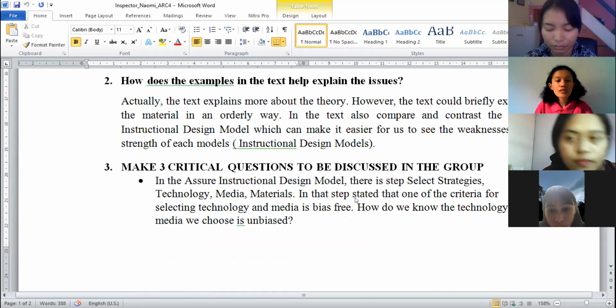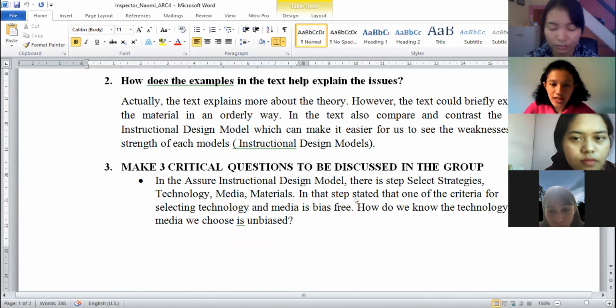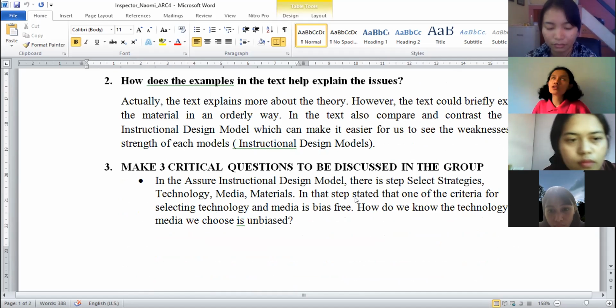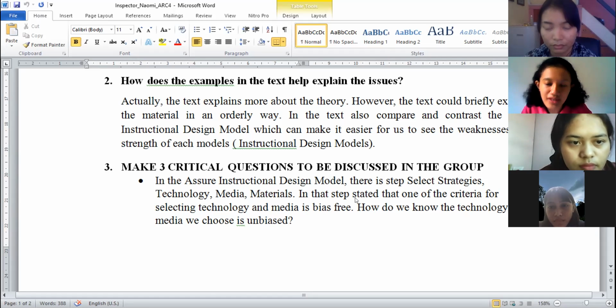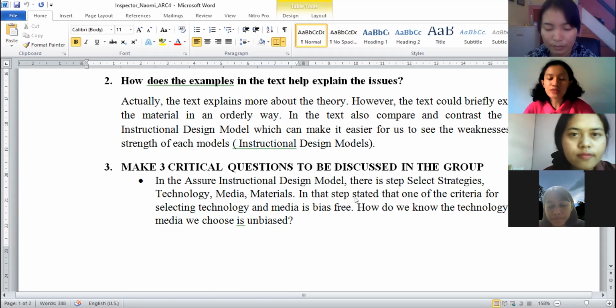In that step, it is stated that one of the criteria for selecting technology and media is bias-free. So guys, what do you think? What's your opinion? How do we know the media that we choose is unbiased?